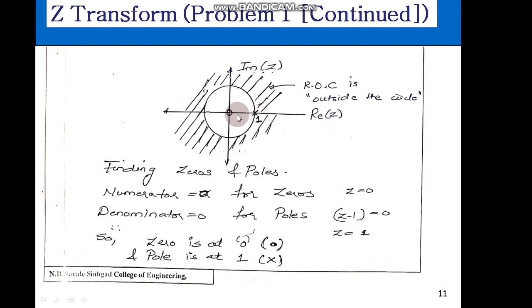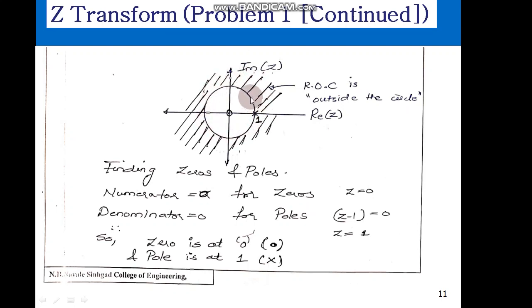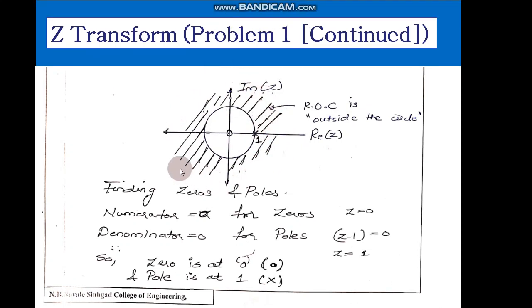This becomes the radius of the circle, the magnitude of z equal to 1, and greater than 1 is outside this circle. So outside this circle the ROC exists, which is shown by a shaded part. ROC is outside the circle because magnitude of z is greater than 1.